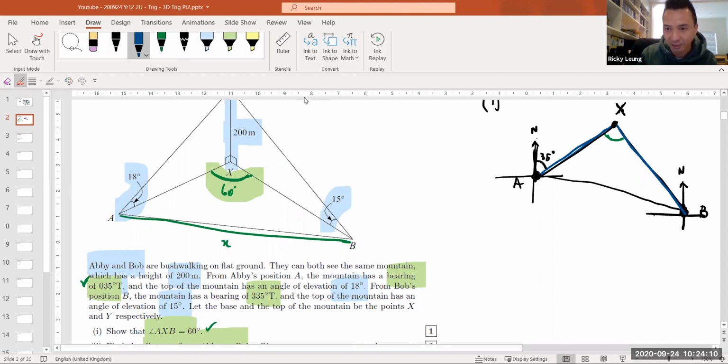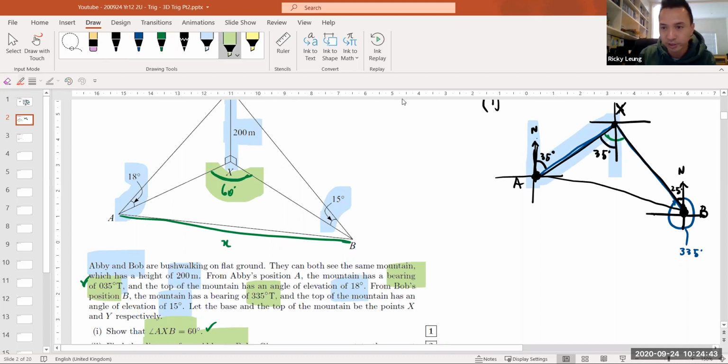So what that means as an angle, if I swing around here, that is 335 degrees, which basically means that this angle here is 360 minus that, which is 25 degrees. Now, both of these should give me enough information if I was to draw an arrowhead at X using, can you see alternate angles, right? 1, 2, 3. I can actually say that that's 35. This must be 35 degrees as well.